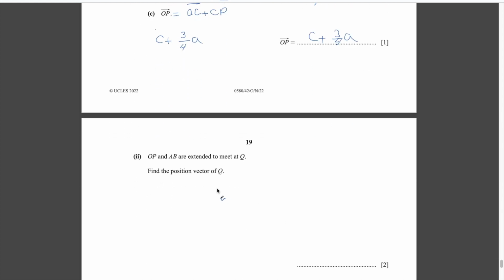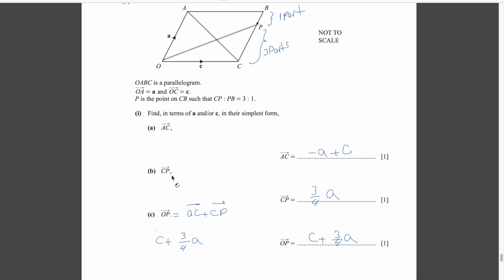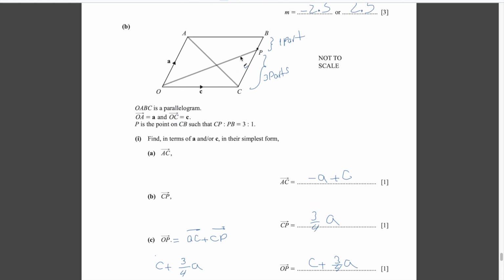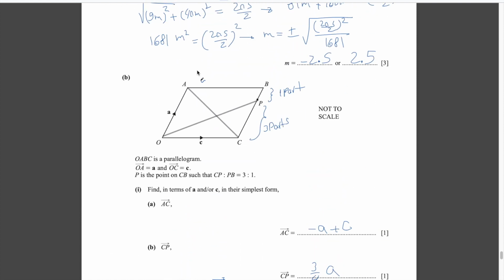Last part, it says OP and AB are extended to meet at Q. OP and AB. Okay, let me extend them.